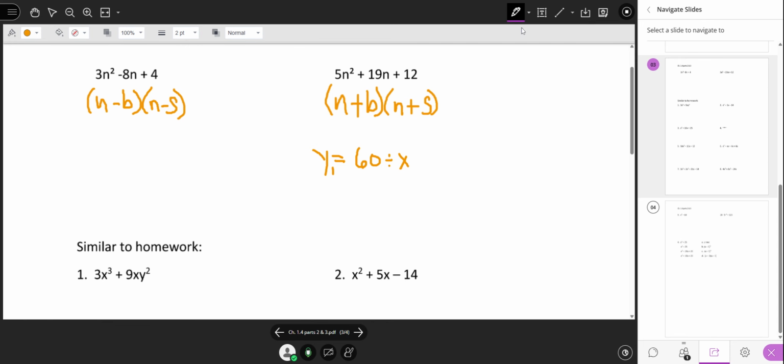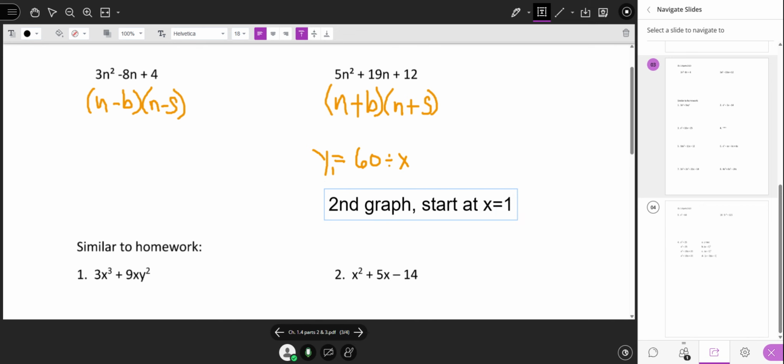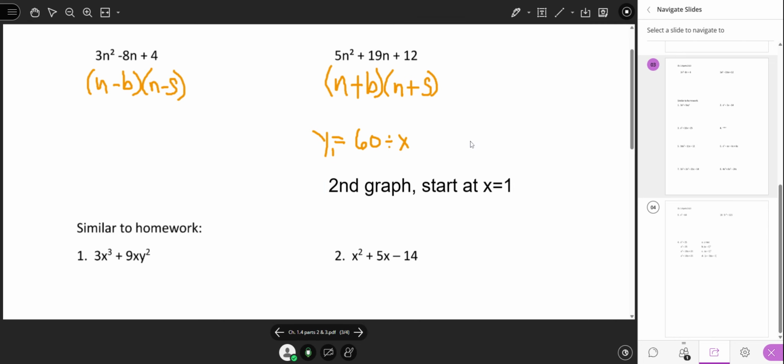And then you're going to do second graph, start at x equals 1. This will help you find all of your factors in order.